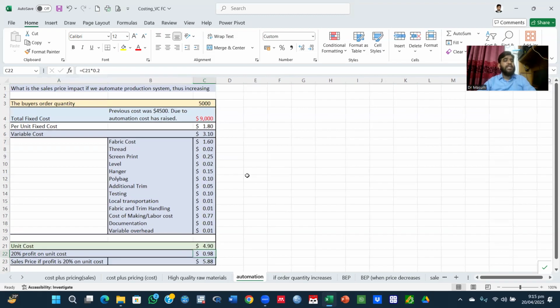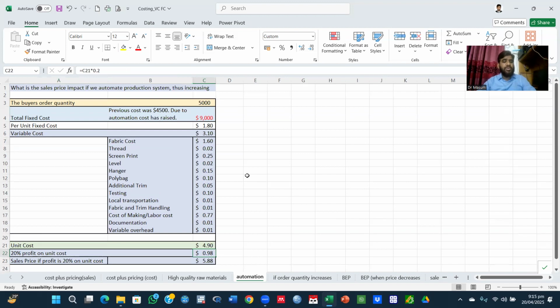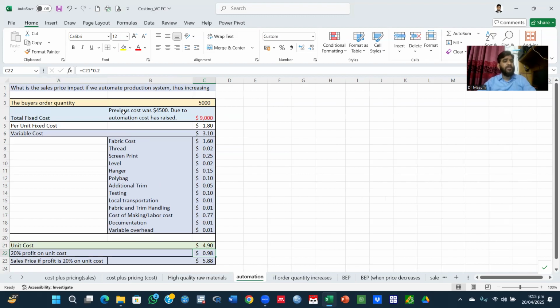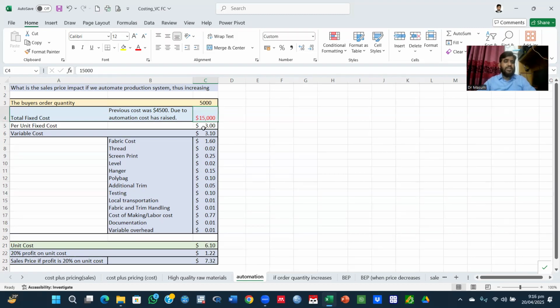Maybe you are going to automate your production facility. What will be the impact? Your fixed cost will increase. For automation, the fixed cost was 4,500, maybe it will be 15,000 because you have to buy machines. So in that case, 15,000 divided by 5,000 is your per unit fixed cost, and variable cost remains the same.